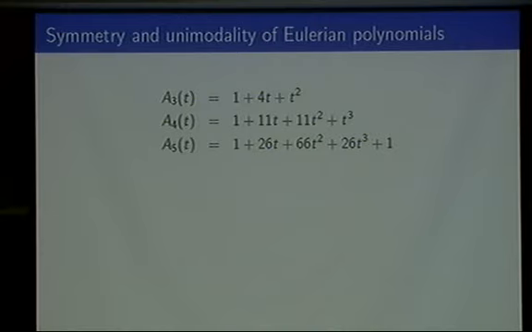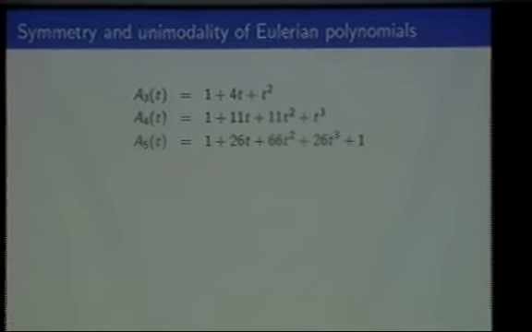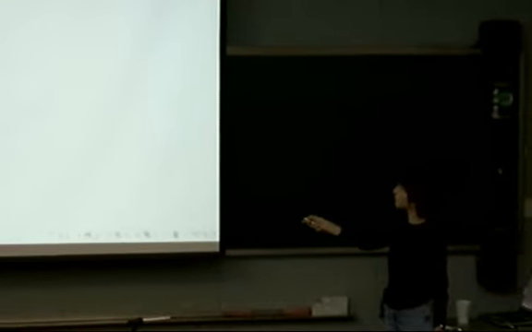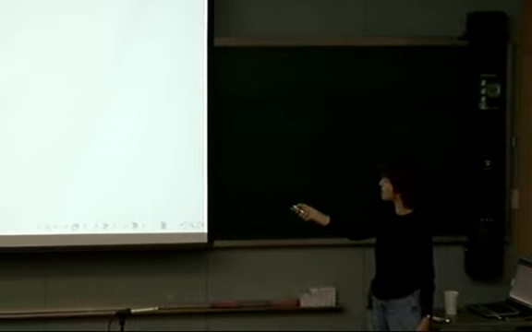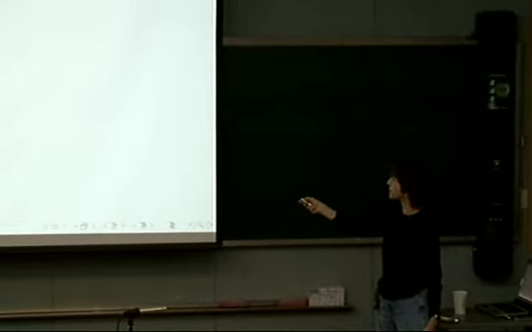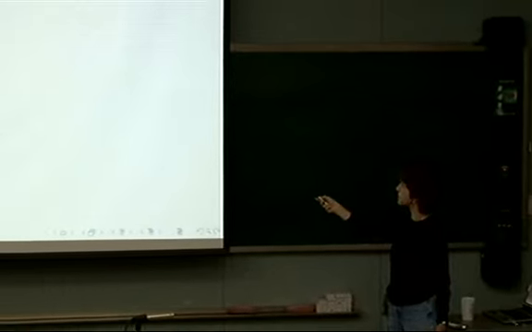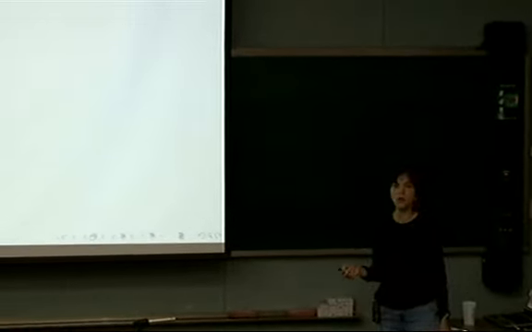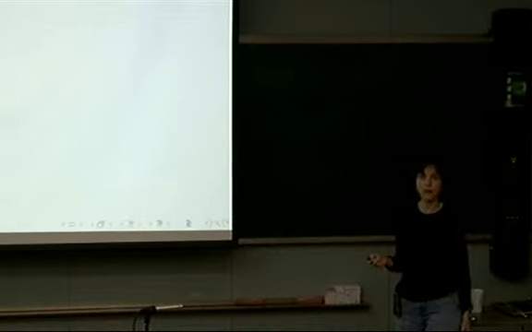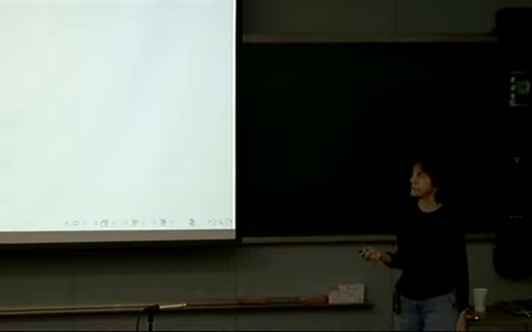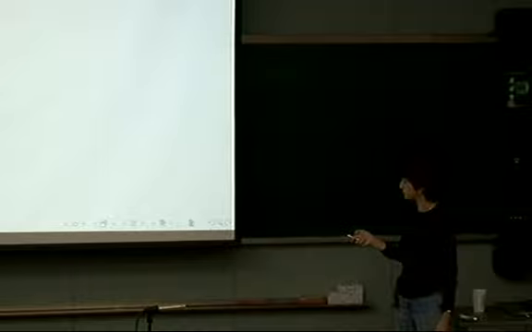So this is a little confusing. I talked about symmetric functions, and now I'm talking about symmetric polynomials, which has a very different meaning. It just means that the coefficients form a palindrome. And unimodality means that the coefficients increase and then decrease. It's well known that the Eulerian polynomials are symmetric in this sense and unimodal.